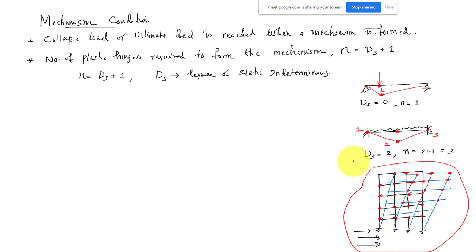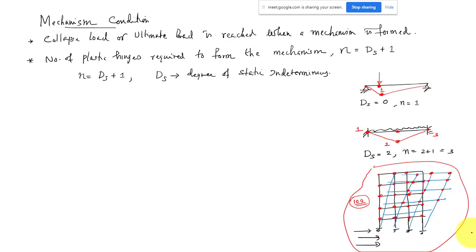Suppose I have an indeterminacy of, let us say, 100. In this case, I have a large building frame and the static indeterminacy is 100. As per our theory, there should be 101 plastic hinges, for example. Initially, one, two, some plastic hinges start forming. Then that joint will not take any more load. It will distribute it to the other joints, and finally all the joints will reach the plastic hinge stage, and then the mechanism will form.